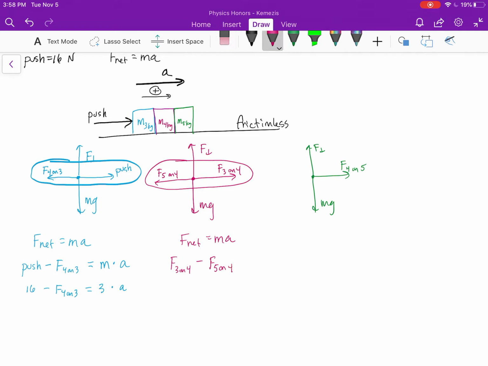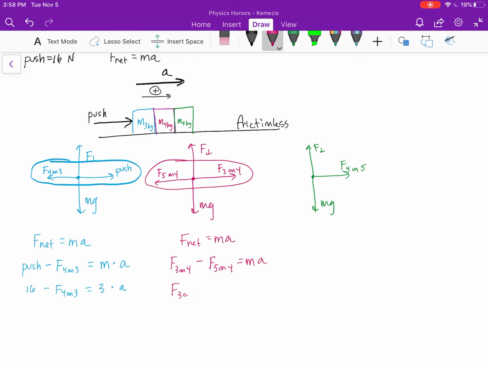The reason I am arranging these as I do is I'm taking into account that my positive force is greater than the negative force. So I'm putting the one going to the right in the positive direction and subtracting from it the one going in the negative direction. And that's going to be equal to mass times acceleration.